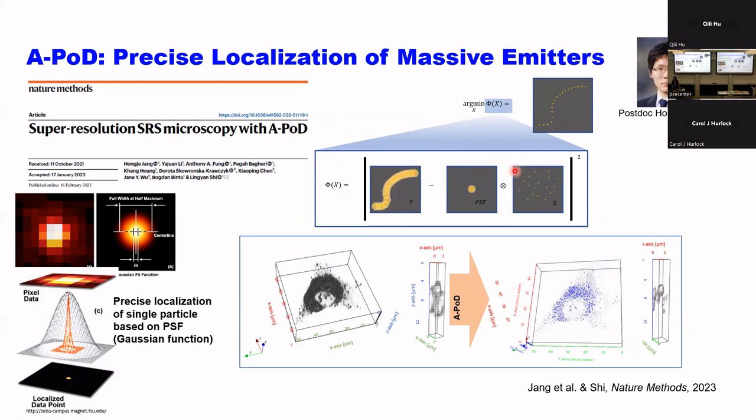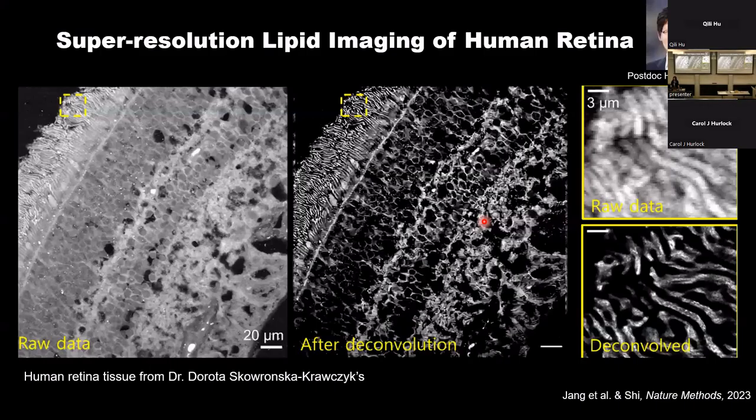Then you can localize these emitters that you have already generated in the image, and the precise localization will generate the super resolution image, such as a human retina image.